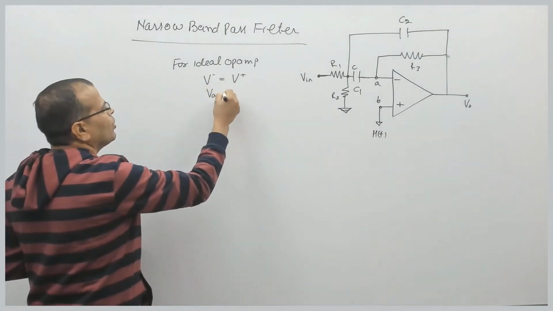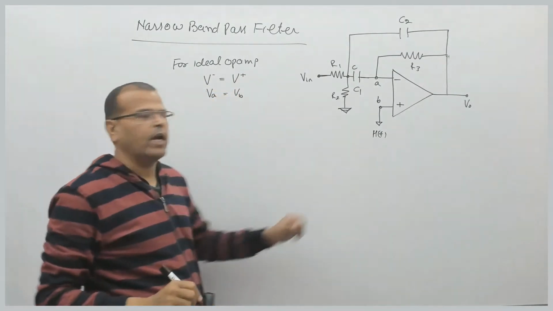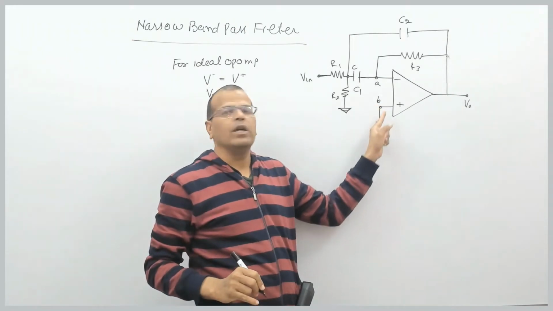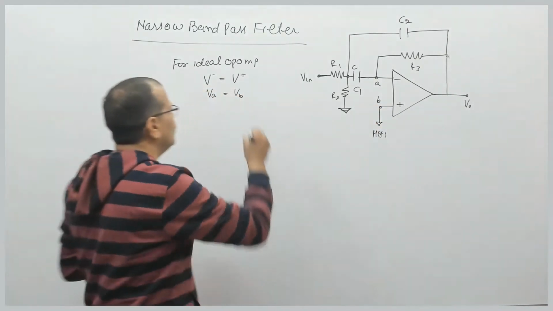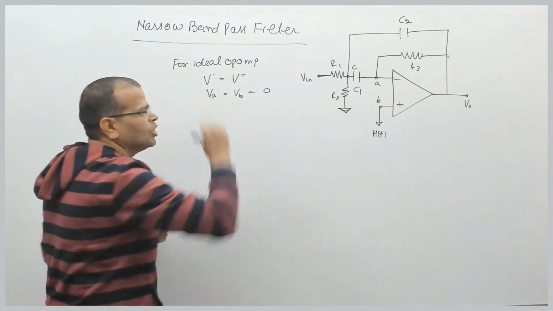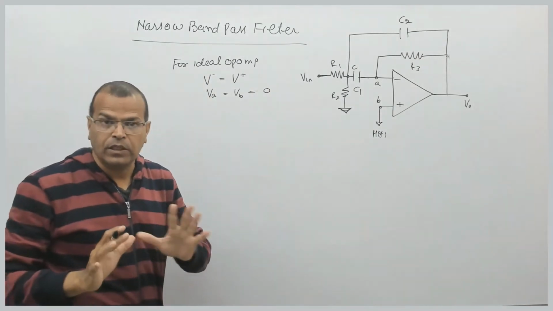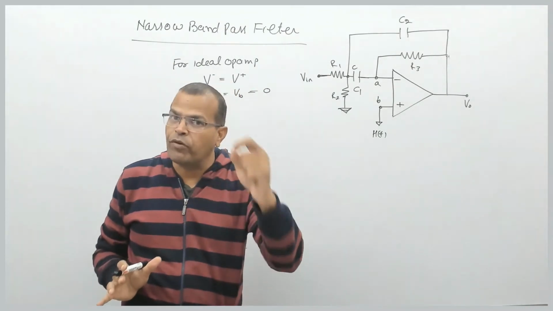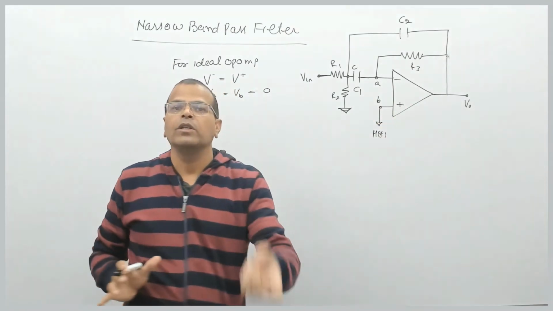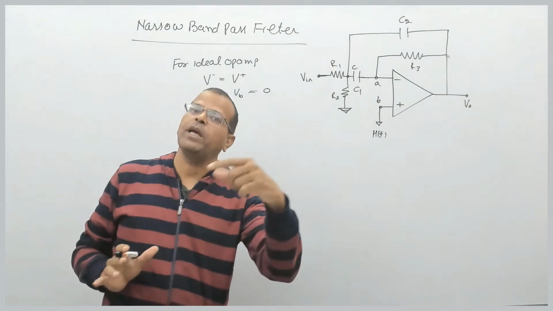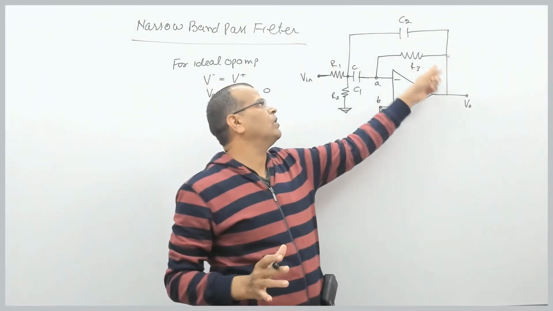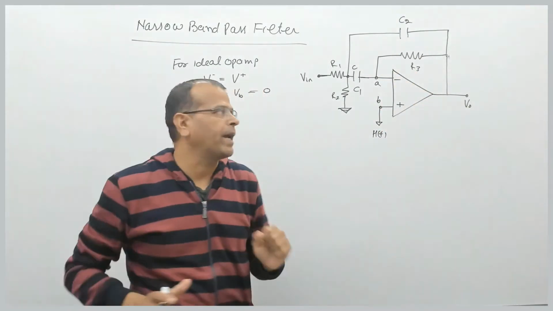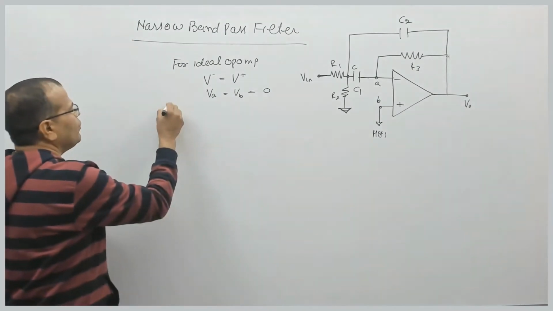Therefore, the voltage at node A is equal to the voltage at node B. Node B is connected to ground, so the voltage at node B is 0. So the voltage at the inverting terminal is the same as at the non-inverting terminal for a circuit having negative feedback, right?